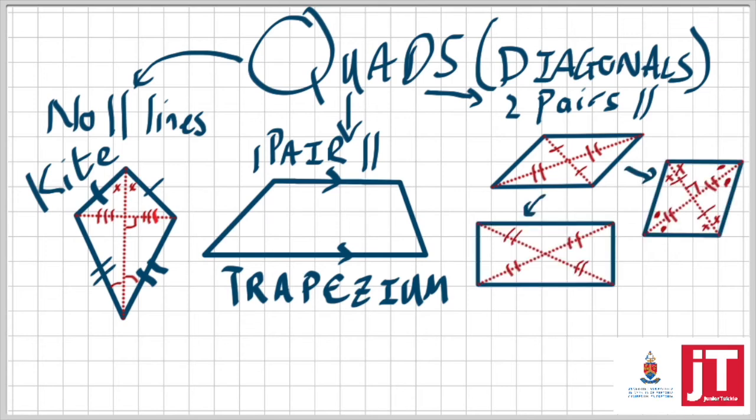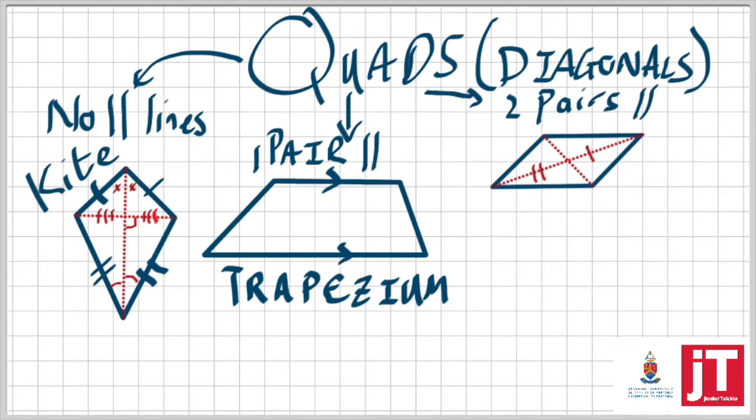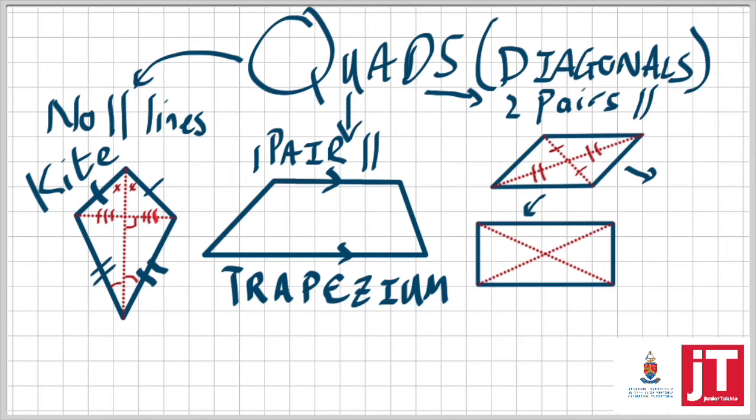If I look at rectangles, the same thing happens, but now the diagonals are equal in length. So in other words, all four of those lines are now equal. Very crucial. But my specialty is rhombi.